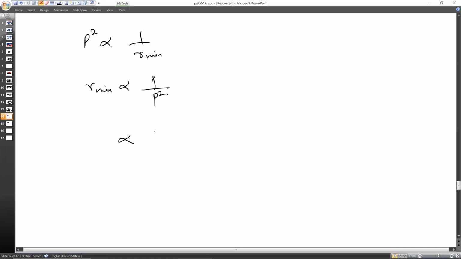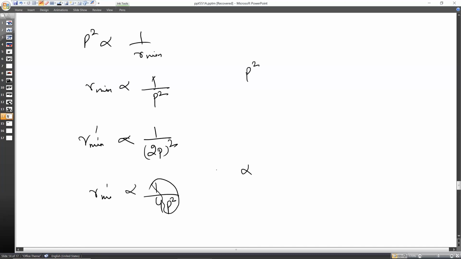Now it says that p has become double, so r minimum dash will be equal to, with p becoming 2p, 4p square. The original is p square, so r minimum for the next time will be 1 by 4 times the original.